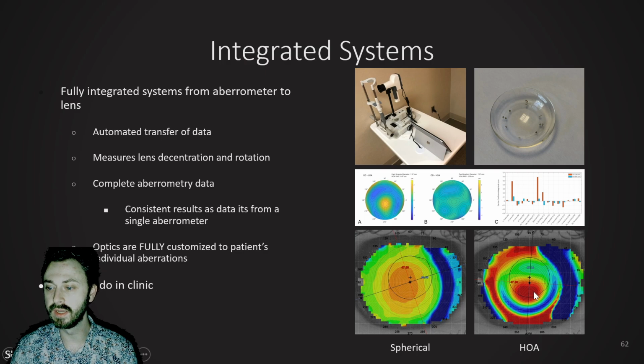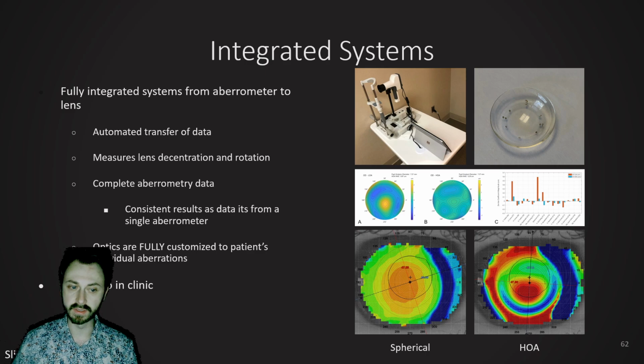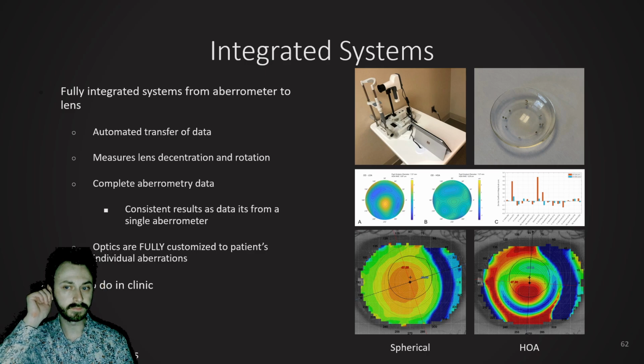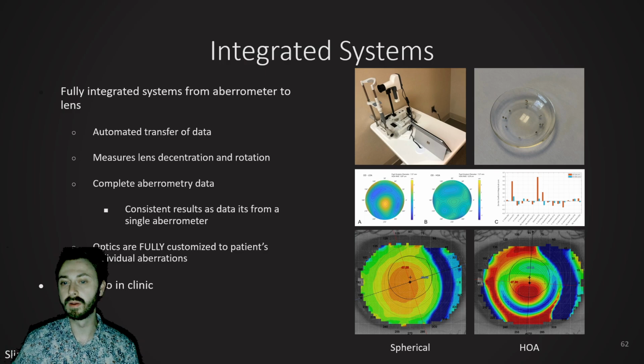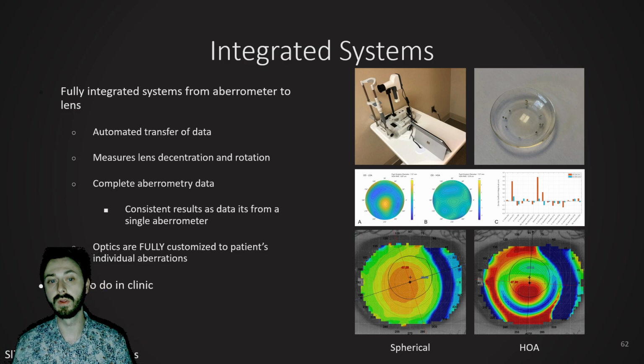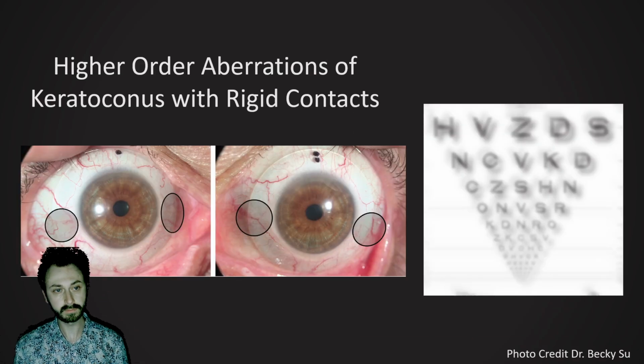You see a hot spot here, you see this cool band, you see green coming up. It's very customized. It's very unique. It's easy for the lab to replicate, but it isn't something that we'd be able to predict. So you really need to take the measurements in order to create this type of lens.